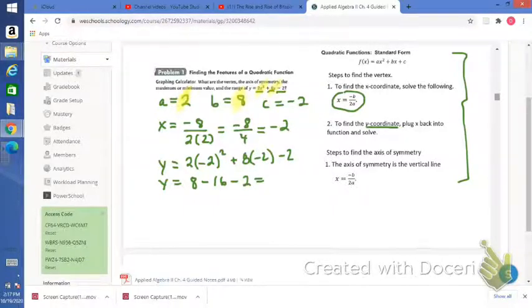Combine this: 8 minus 16 is negative 8, minus 2 is negative 10. Okay, so the vertex is going to be found at the ordered pair negative 2, negative 10.